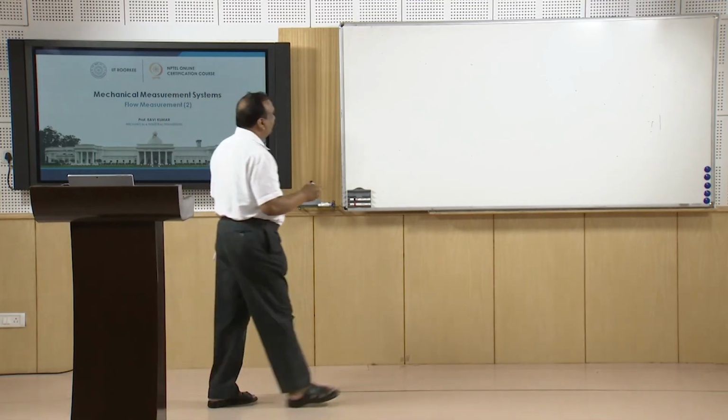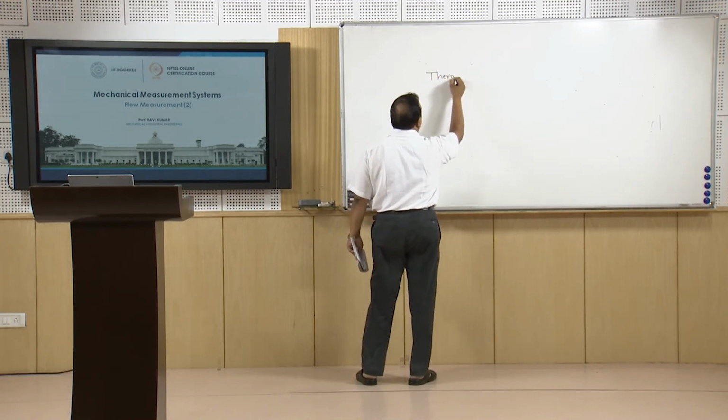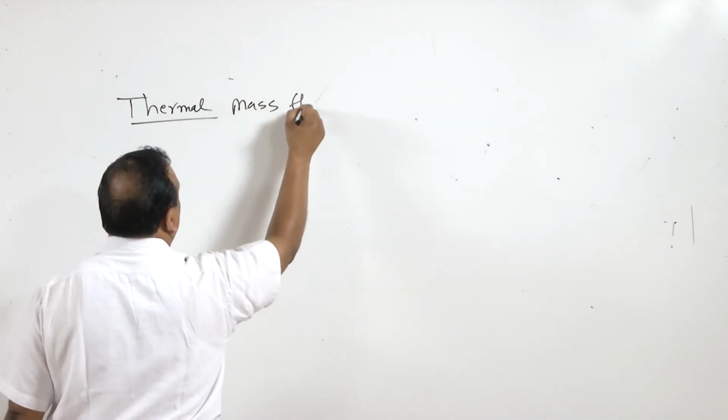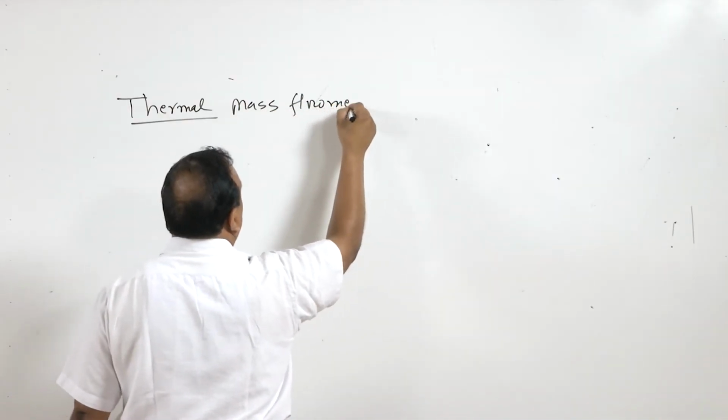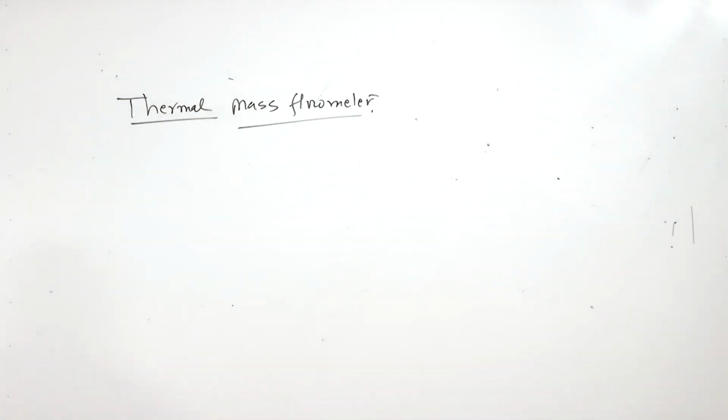So there is another flow meter which is known as thermal mass flow rate meter. Now for thermal mass flow meter, we can have different types of arrangements.